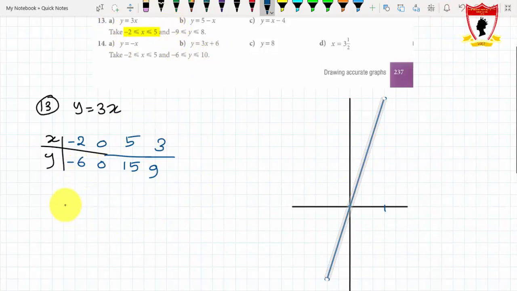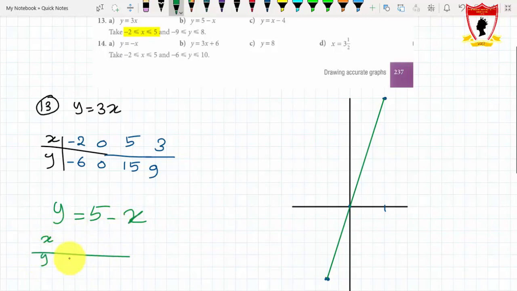The second equation is y equals 5 minus x. The graph of this equation must be something that goes down from left to right. This line is decreasing because the x is negative. So again, some values of x, some values of y. Between negative 2 and 5, if we put negative 2 in place of x, then we will have 5 minus negative 2.